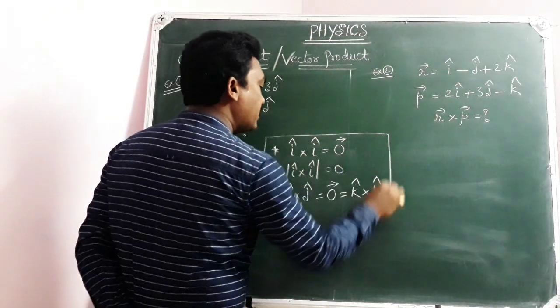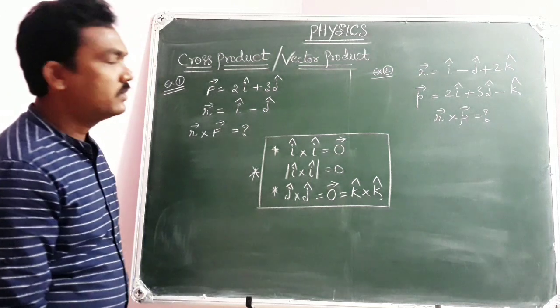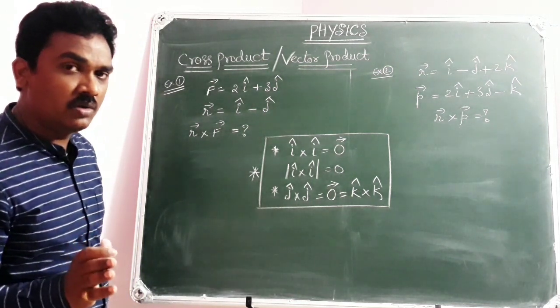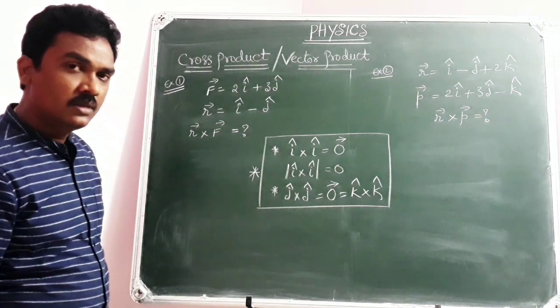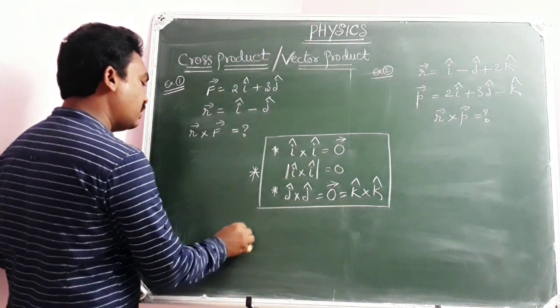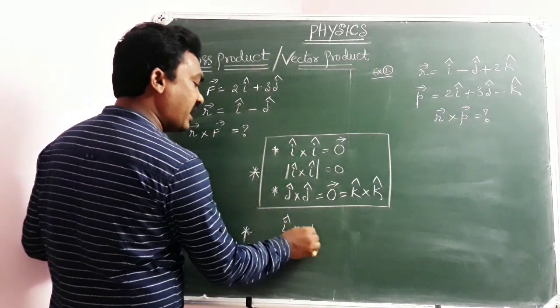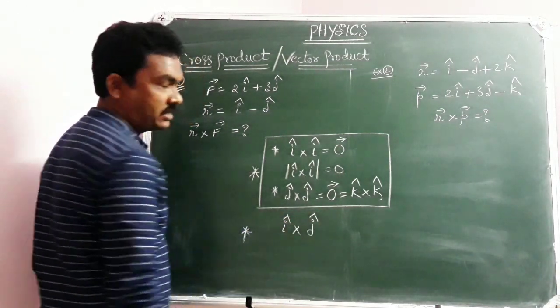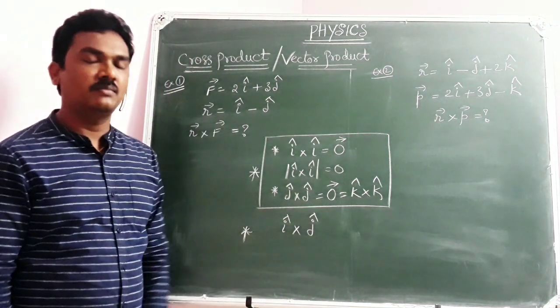This is one point that you need to write in the notes just before these examples: cross product among the unit vectors along the coordinate axes. Then what about I cap cross J cap? You have learned this earlier.